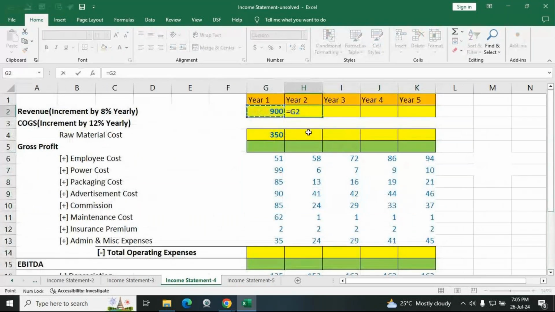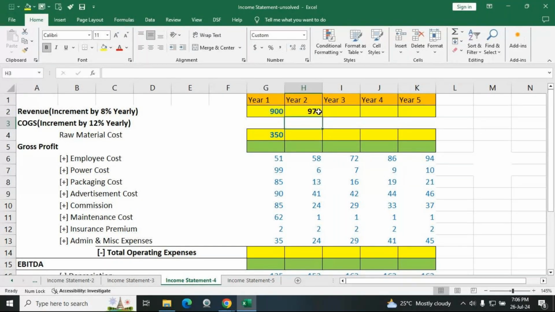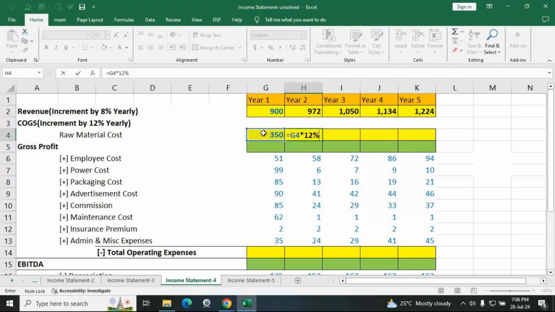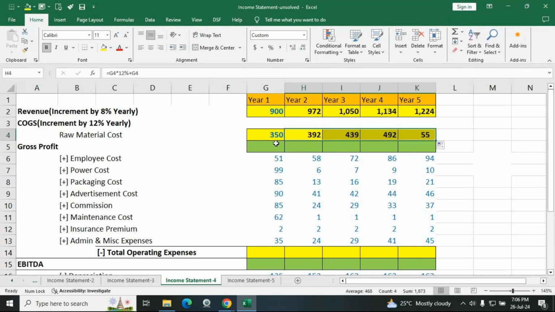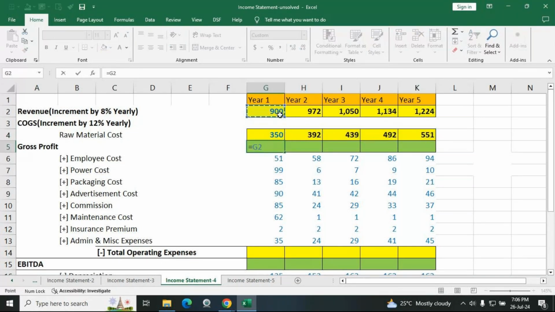Equals your revenue into 8% plus the previous year value. I'll come here and drag it. COGS, they are telling, will have an increment: previous year value into 12% plus the previous year value. I'll drag it. Gross profit will be revenue minus COGS.